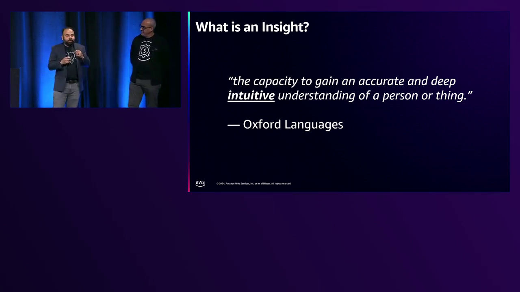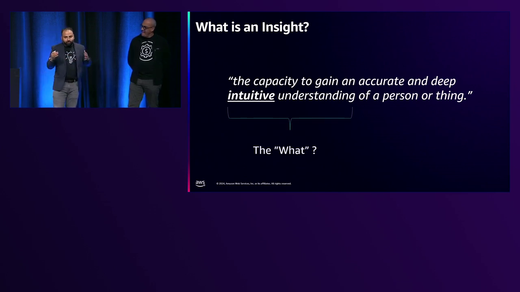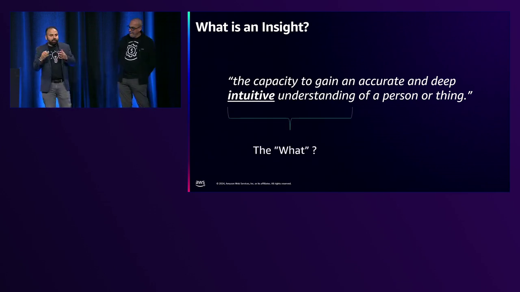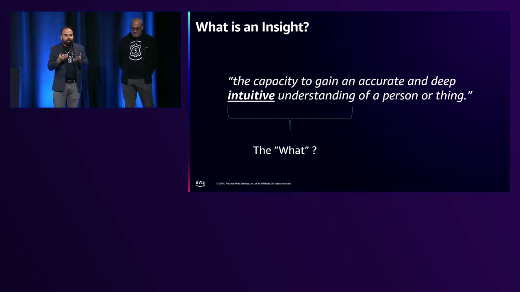Good call. So how do we apply it to logs? When Andres and I were thinking about the structure of the session and how to convey how we think about logs in a way you can take away, if we break this definition down, the first part, getting intuitive understanding, is what are you trying to learn? There's something you are trying to get an understanding of.